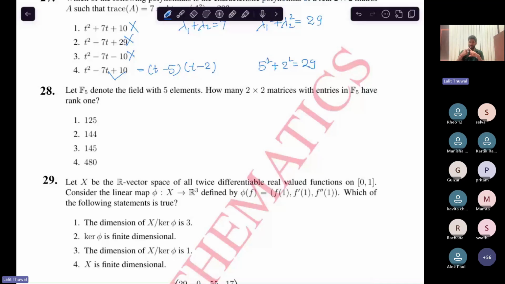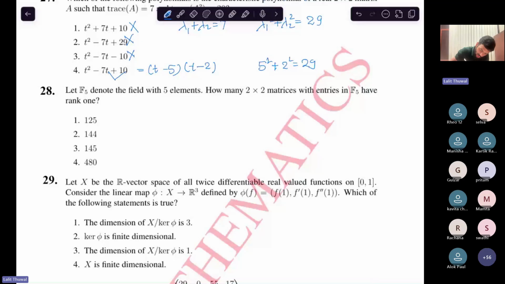Being rank 2 means it is an invertible matrix because it has full rank, or it may have rank 0, that means only the 0 matrix, and all the remaining matrices have rank 1, right? All of you know the number of invertible matrices over a finite field. That is a very well-known fact. You must have seen that.